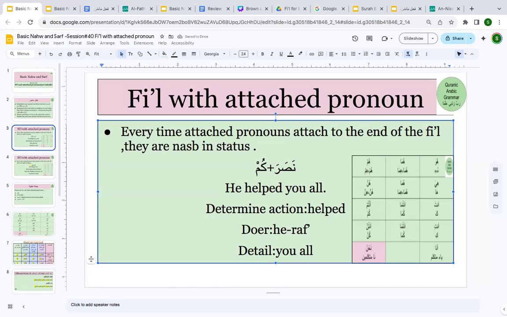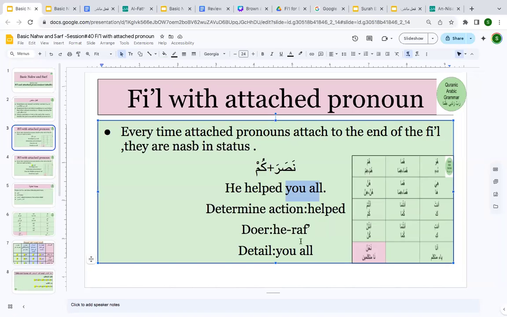Barakallahu feeki. So now I'm going to ask you, and you can all unmute, or type in the chat box so that we can move quickly, inshallah. After you have seen the doer and determined the status of the doer, that the hidden pronoun hua is Rafa' status, now comes your kum. He helped you all. Is you all a detail? Do you think you all is a detail?